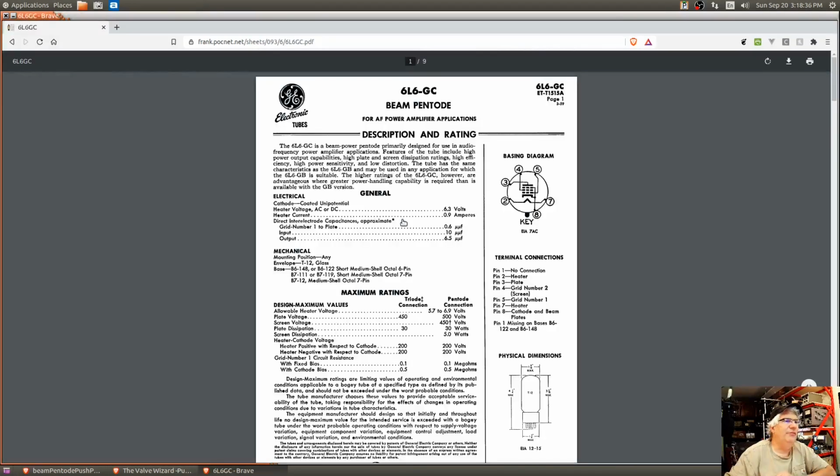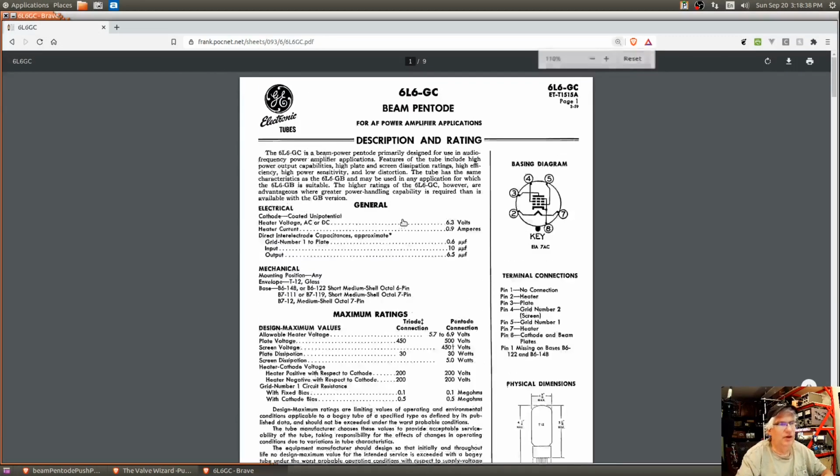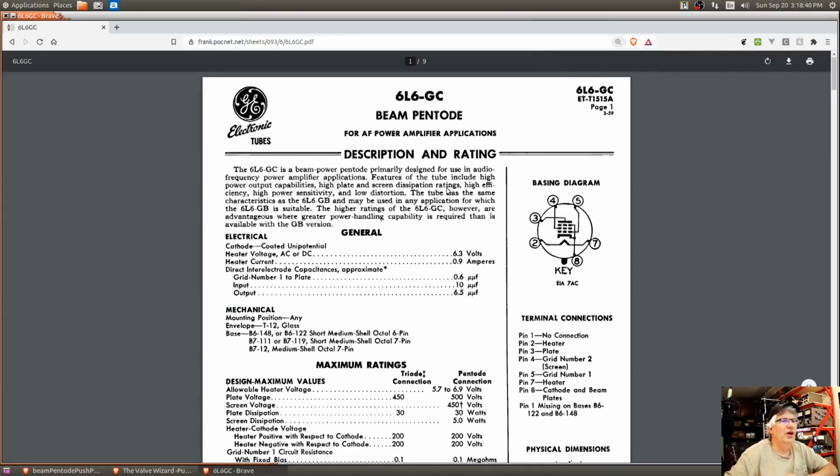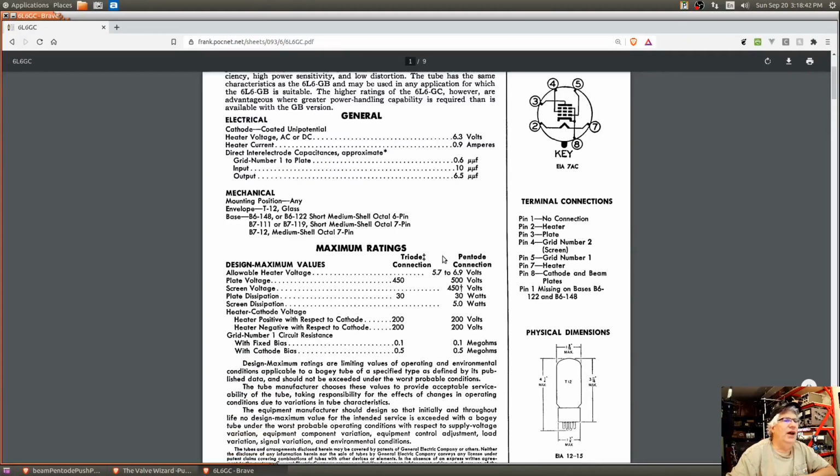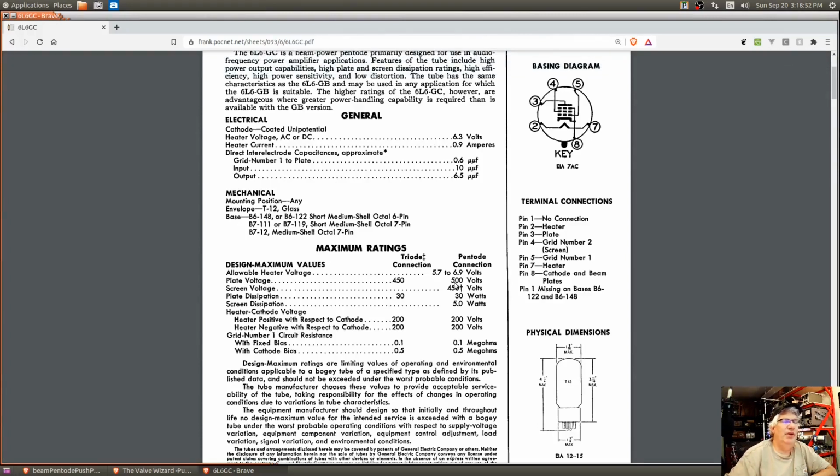If we open this up, and widen it a little bit, the things we're going to look at right now are the design maximum values. We can go up to a bias point of 500 volts on the plate. Screen voltage can go up to 450.